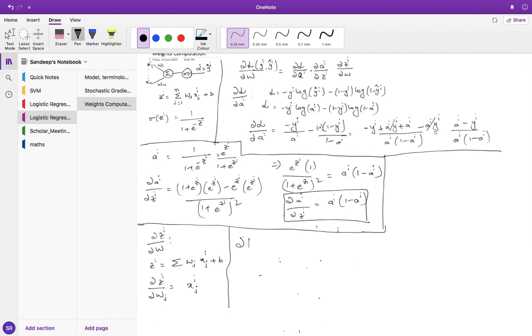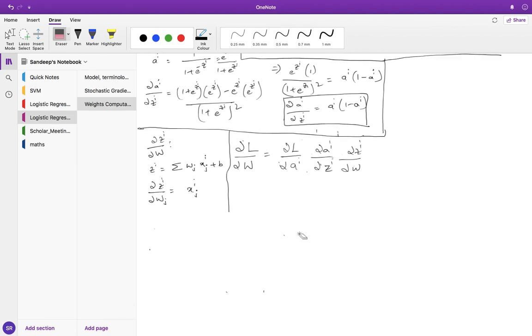So dou L divided by dou W is equivalent to dou L divided by dou ai, times dou ai divided by dou zi, times dou zi divided by dou W.